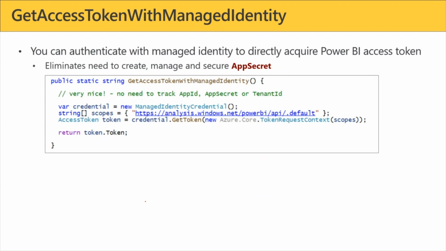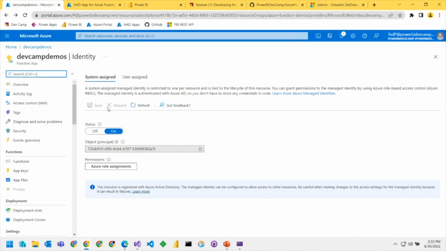Okay, one more thing, and this is really neat: let's say you don't want to create an Azure AD application. You just want to use a managed identity to go right to Azure AD and get an access token. So once you have a managed identity, let's go back over here.